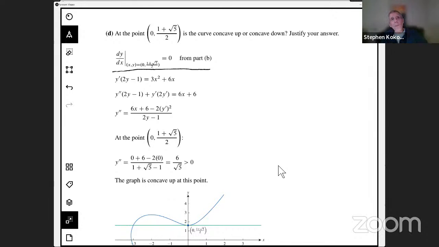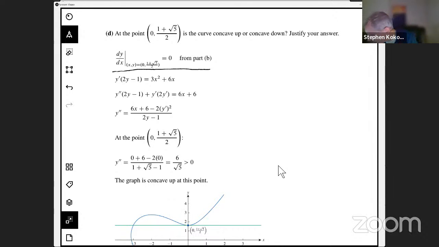So we know that the first derivative is 0 there. What we need to do is continue with implicit differentiation, find y double prime, evaluate it at this crazy point, and look at the sign of y double prime.